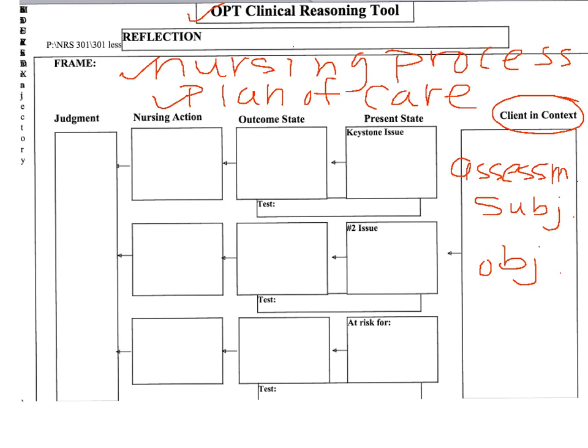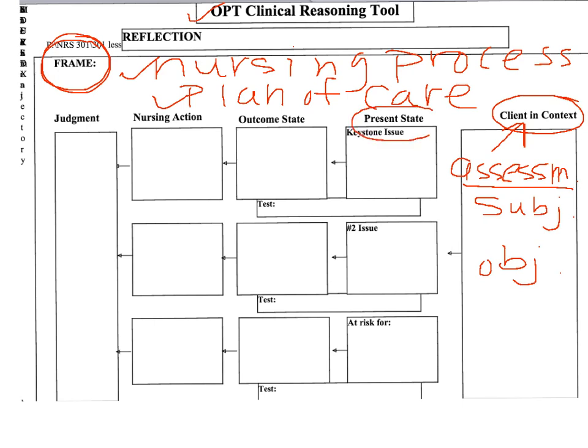All right, and also included in this assessment data is what we call frame information. And as we move forward in this presentation, we'll talk more about what other kind of client data goes into the frame. Just know that in the nursing process language, the word assessment matches up with the words client and context within the OPT framework.